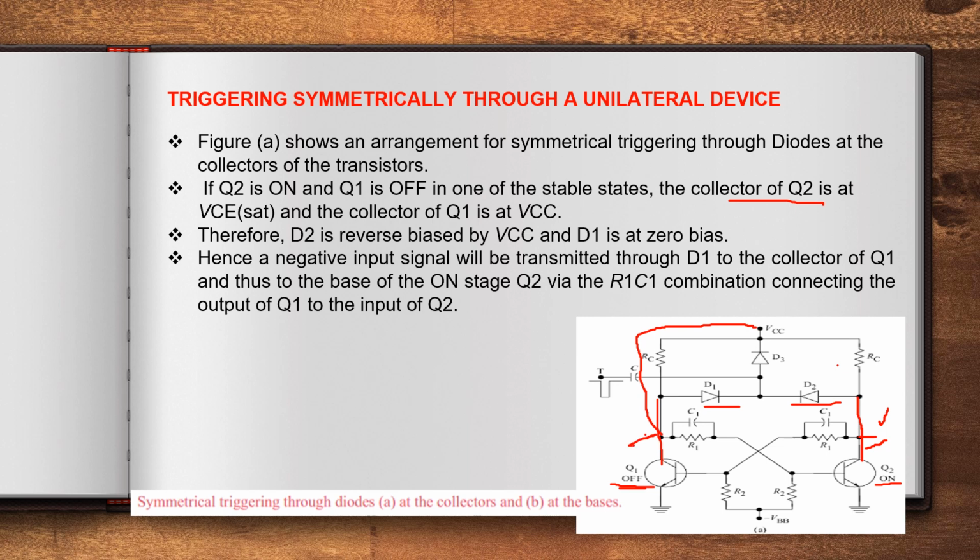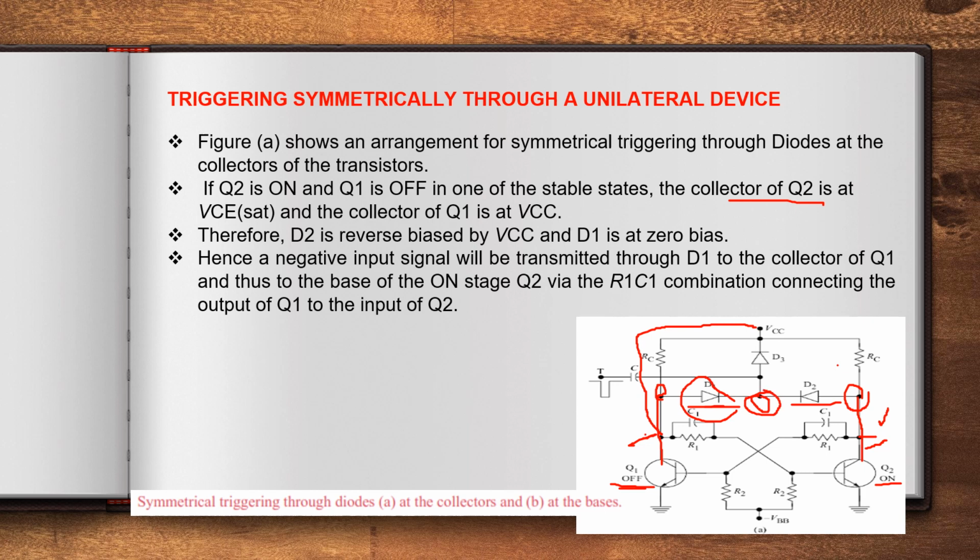So then what happens? At this point VCC is there, so diode D1 gets forward biased. But this point is only at VCE sat, and at this point VCC is there. Same VCC is available at this point also.